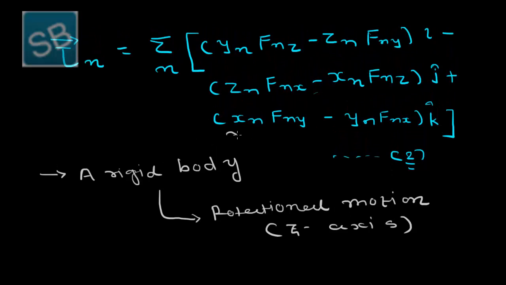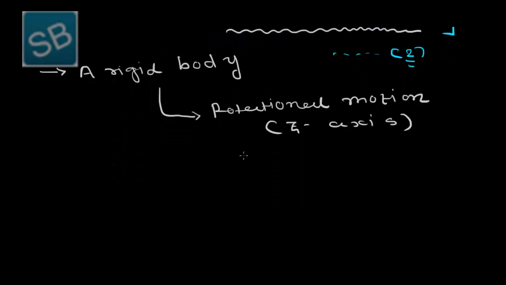You can see in equation 2, this component will be responsible for the rotational motion. So we have considered the z component, and so tau z is responsible. Similarly, you can think for x and y. If the rotational motion was along the y-axis, then the y component of torque is responsible for rotational motion. Similarly, for the x-axis, you can further expand.